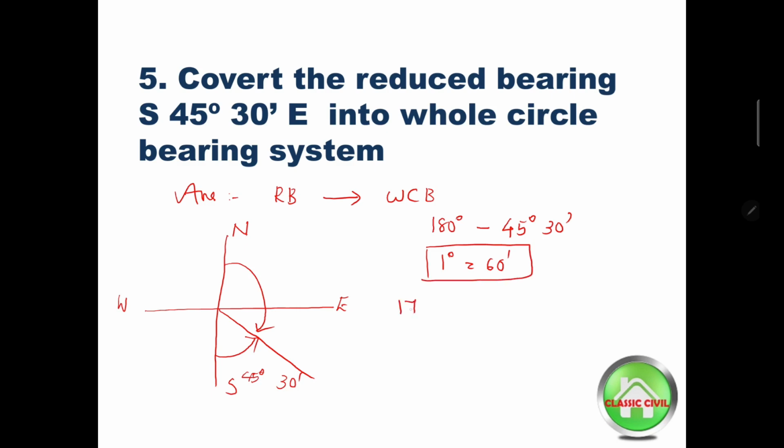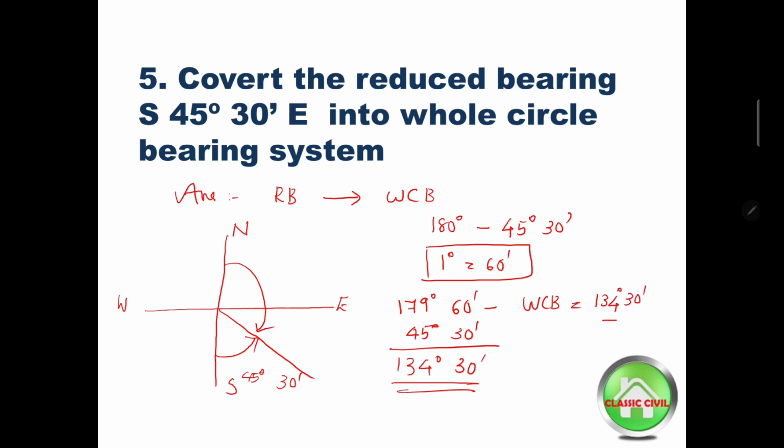Then 179 degree 60 minute minus 45 degree 30 minute, that is 134 degree 30 minute. That is, in whole circle bearing system, the answer is 134 degree 30 minutes.